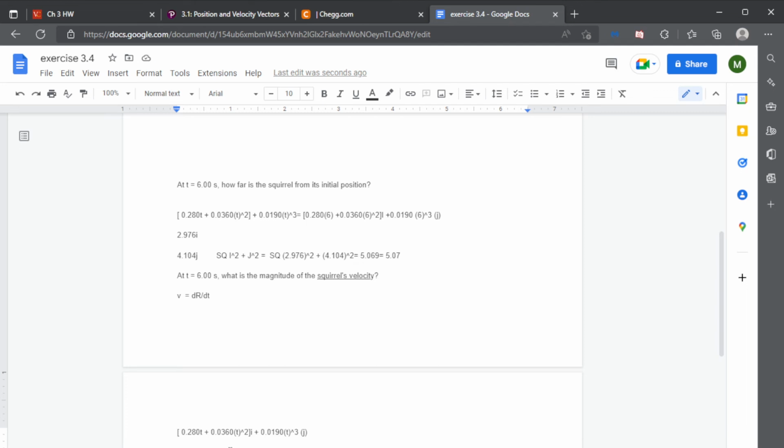So it will be the square root of 0.712 square plus 2.052 square. We will get ourselves 2.172 meter over seconds.